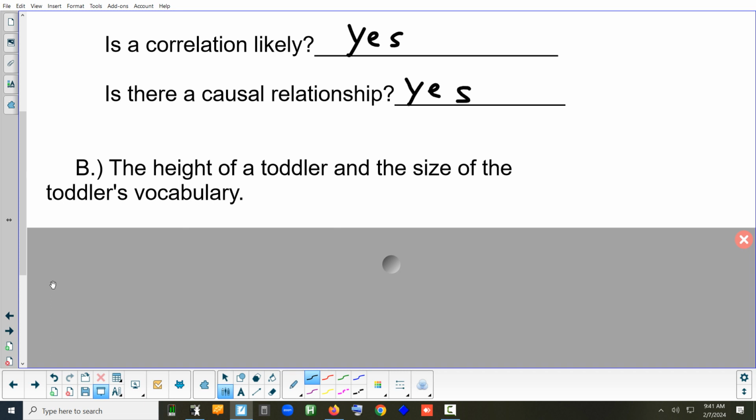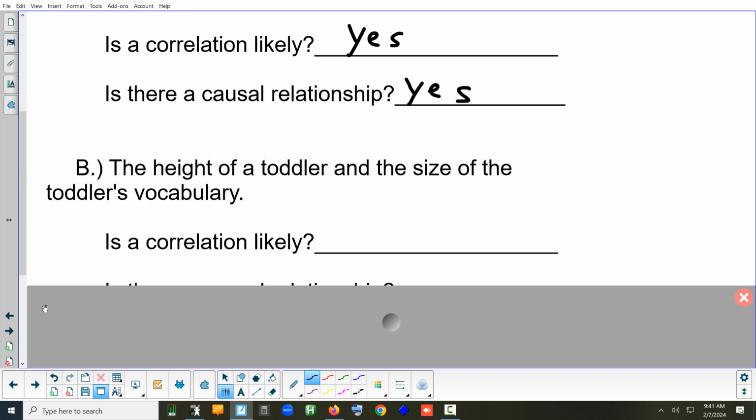So I don't necessarily think there'd be a strong correlation between the height and how many words somebody knows. Maybe somebody has a parent that reads to them every night and then they learn a lot more words. Maybe somebody doesn't. I don't know. So I would say that I don't think you'd find a very strong correlation between height and vocabulary.